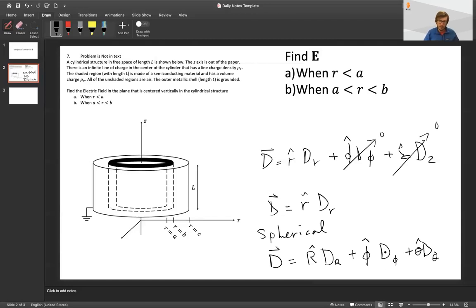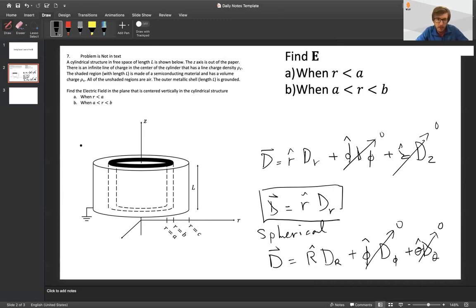So perhaps in the case where the charges were spherical shells, we would probably also have the case where these two are going to go away. So the first step is to consider a general electric flux density, determine which of the directions it is not going to be changing in, and find an expression for electric flux density so that we can solve for this value Dr, or whatever direction that you are working in.